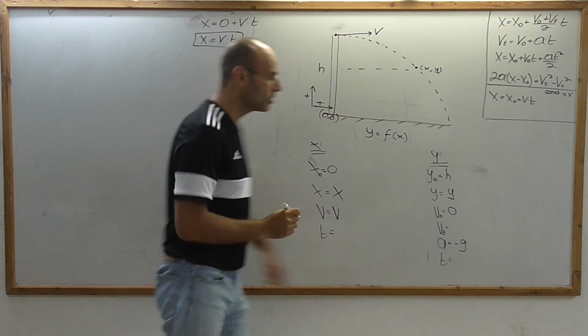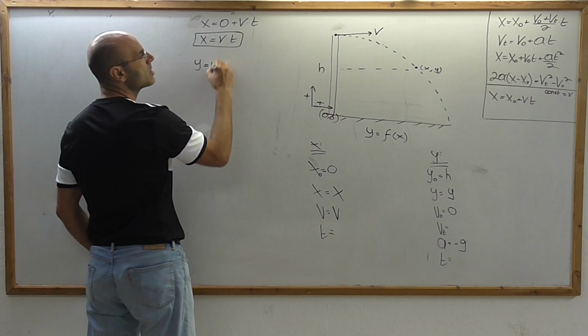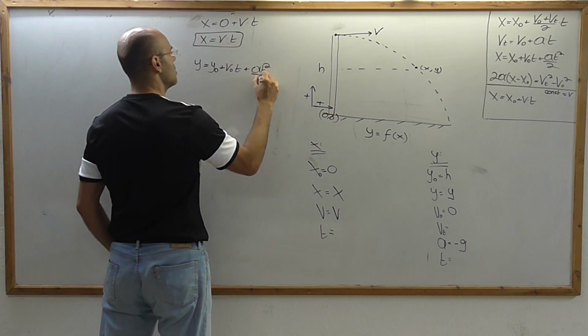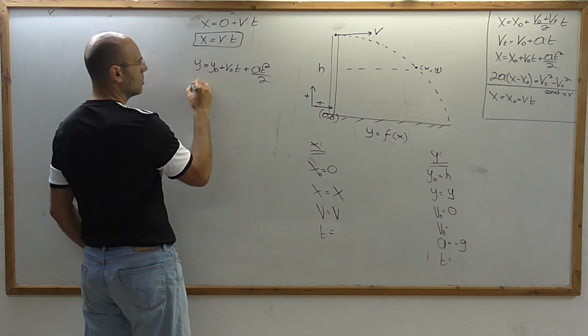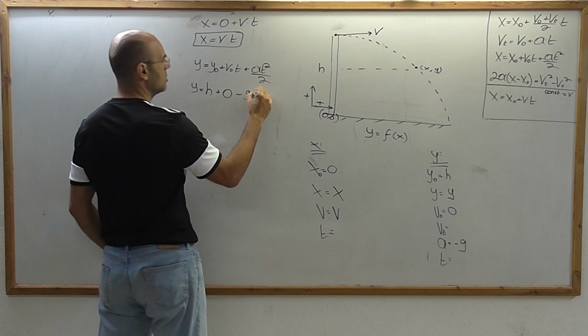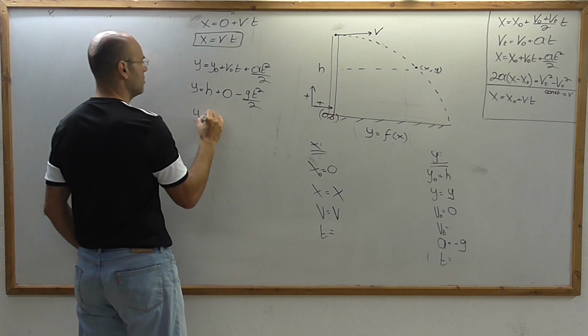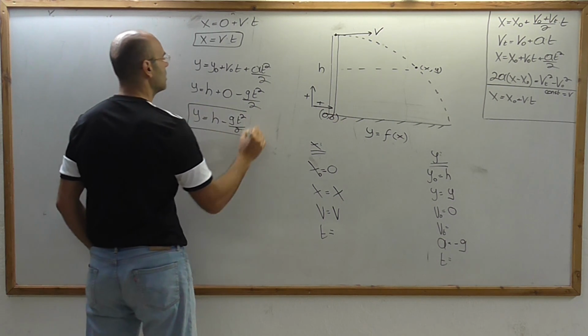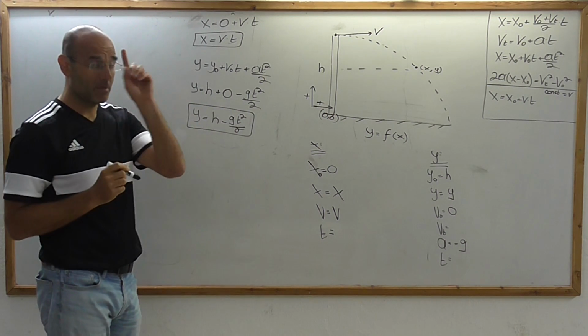Let's write an equation for the y. Let's choose the third one. Okay, so y equals h plus 0 minus g t squared over 2. So y will be h minus g t squared over 2. Now I remind you our purpose.